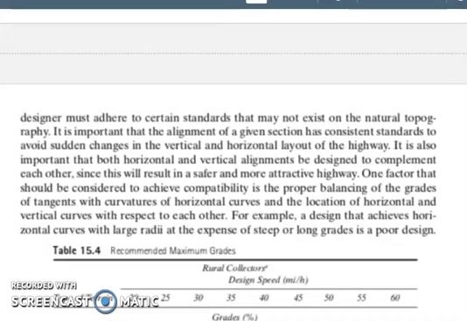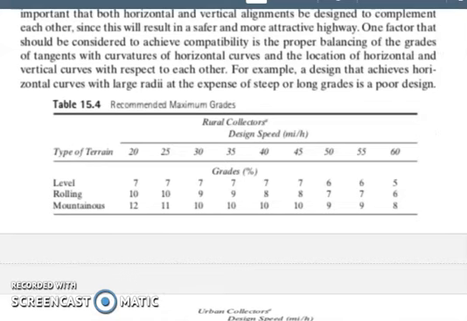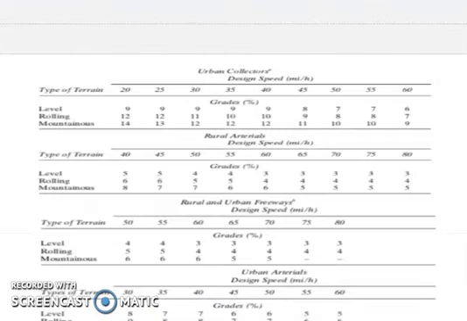So this is an illustration. This is a table showing the recommended maximum grade. Based on the table, we have the type of terrain, and with respect to the type of terrain, we have the design speed for rural collectors. And this one is a table showing the design speed for urban collectors with respect to the type of terrain.